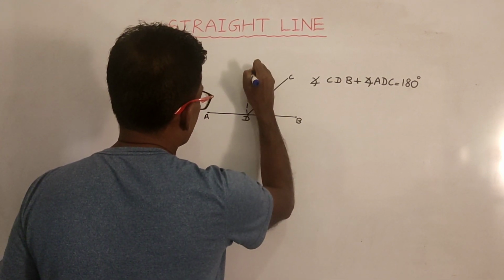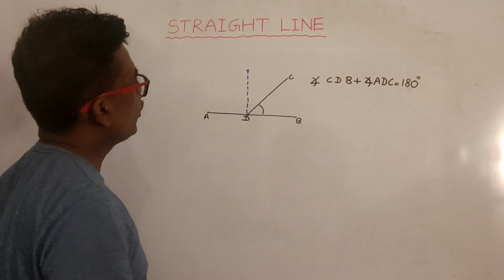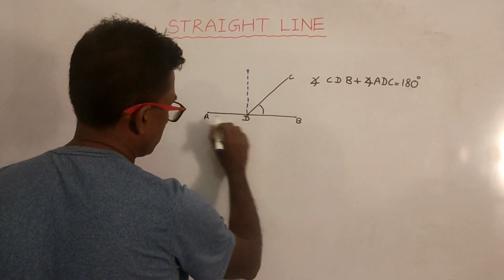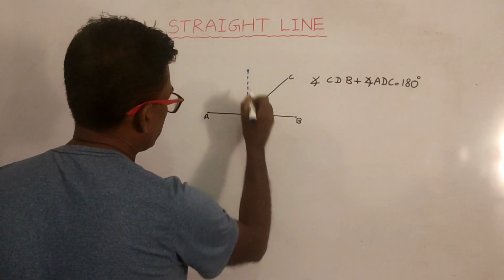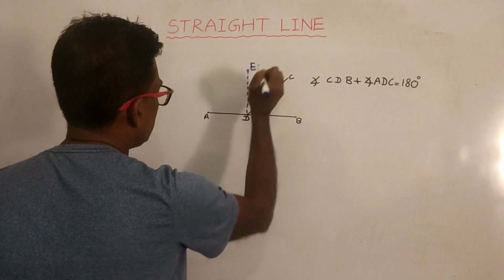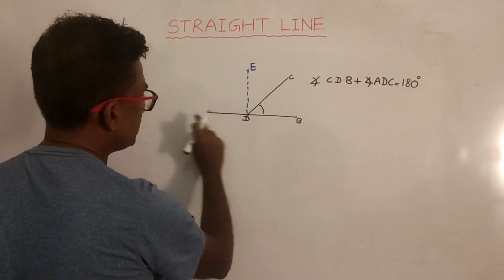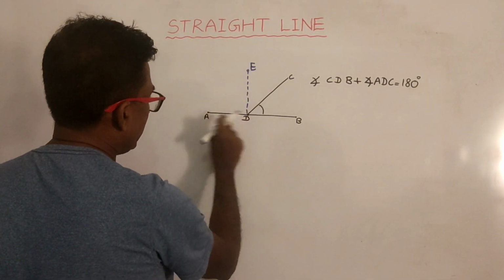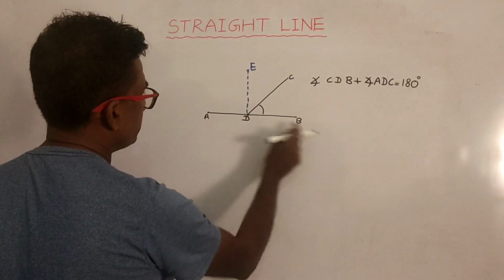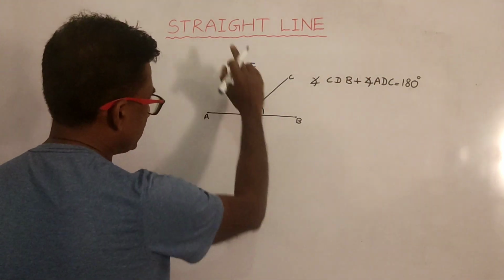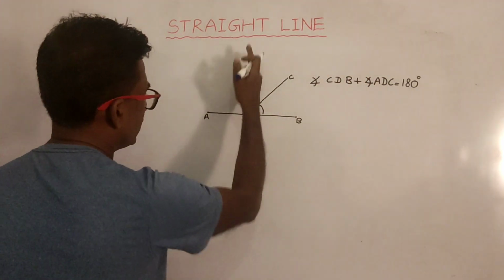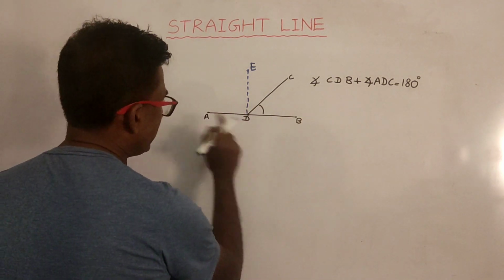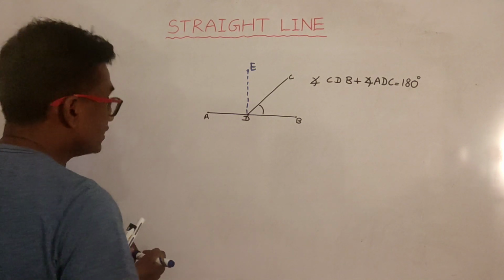No. We can draw a straight line which is perpendicular to AB from, let's say, some point E. So ED meets AB at D, and ADE is 90 degrees and BDE is also 90 degrees. That is our construction.